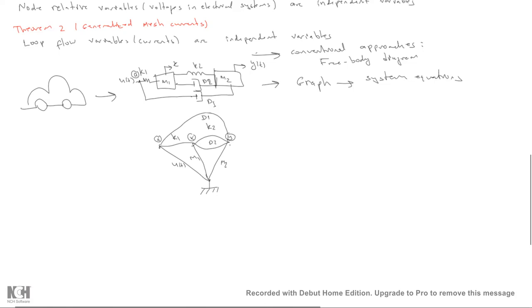Once we have this graph view, we have a domainless system representation. To obtain the system equations using node theorem 1 and node relative variables, the equations can be obtained using a simplified approach.